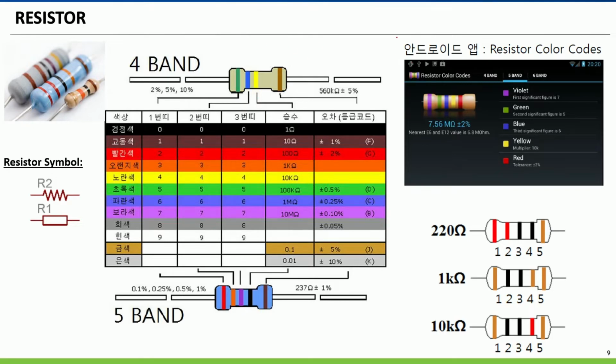And you can download an application for Android, maybe an Android app for resistor color codes, and you can check the value. You just put in the color of the first line, second line, third line, fourth line, and you can know the value of the resistor. That is the easy way.